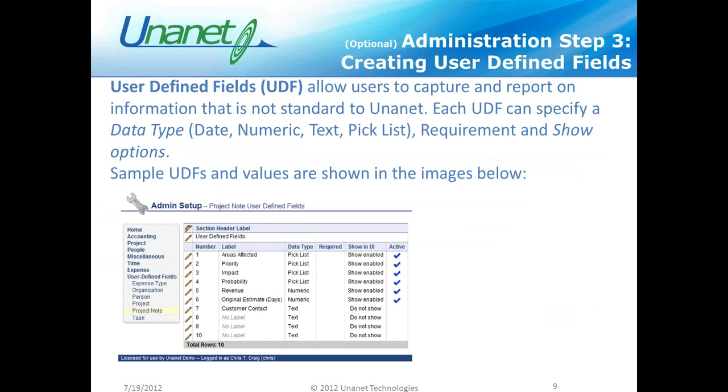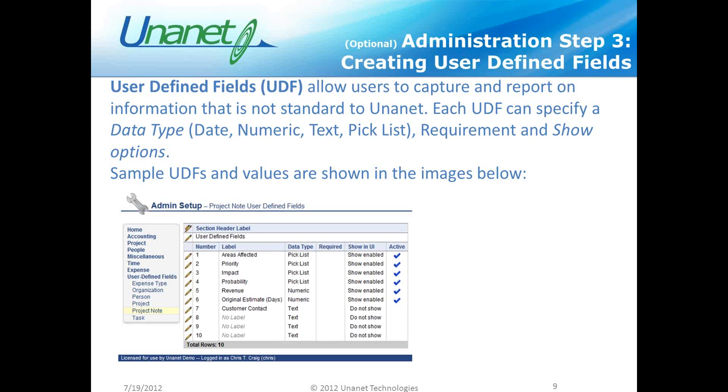The third step in setting up project notes is optional. You can create user-defined fields for project notes. User-defined fields are also available in other areas of Unanet, as you see here: expense types, organizations, person, project, project note, and task. User-defined fields as a whole in Unanet are used to capture and report on information that is not standard in Unanet.